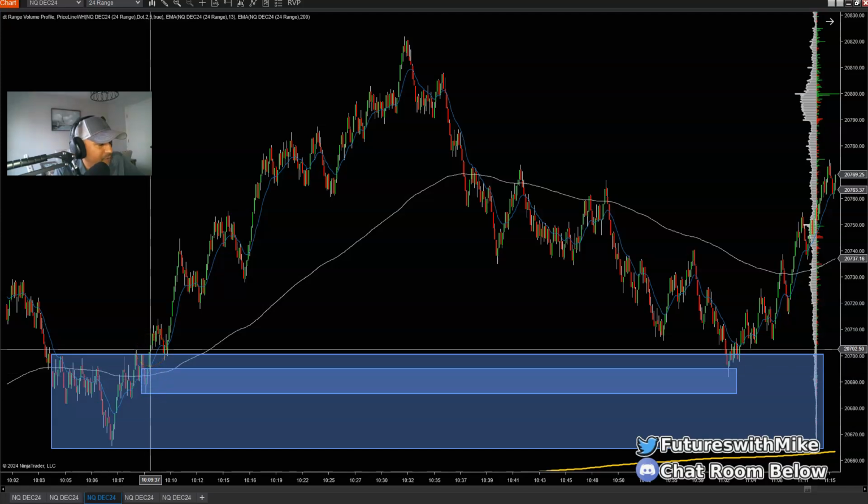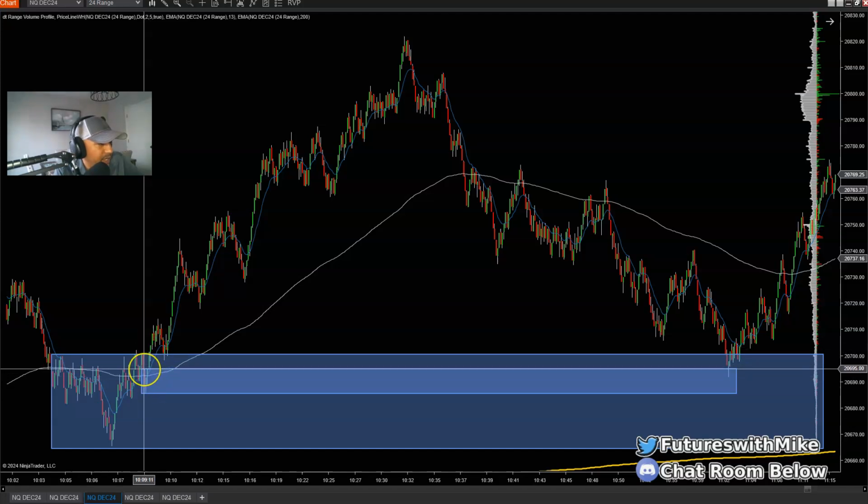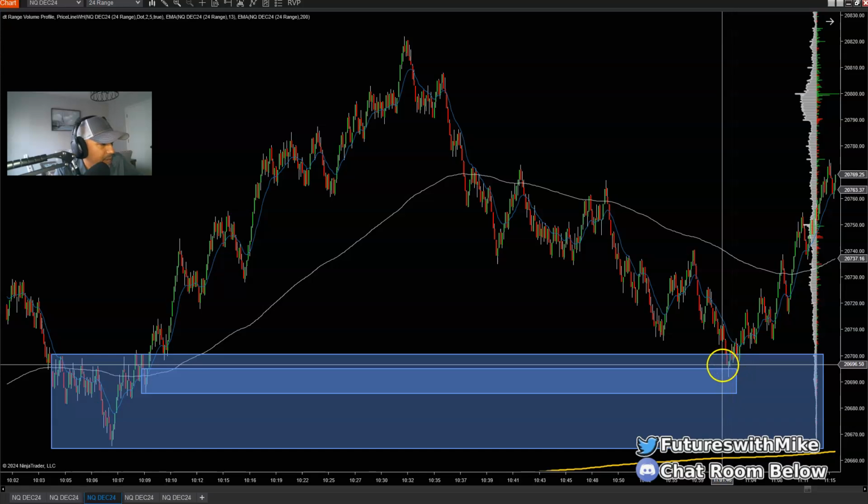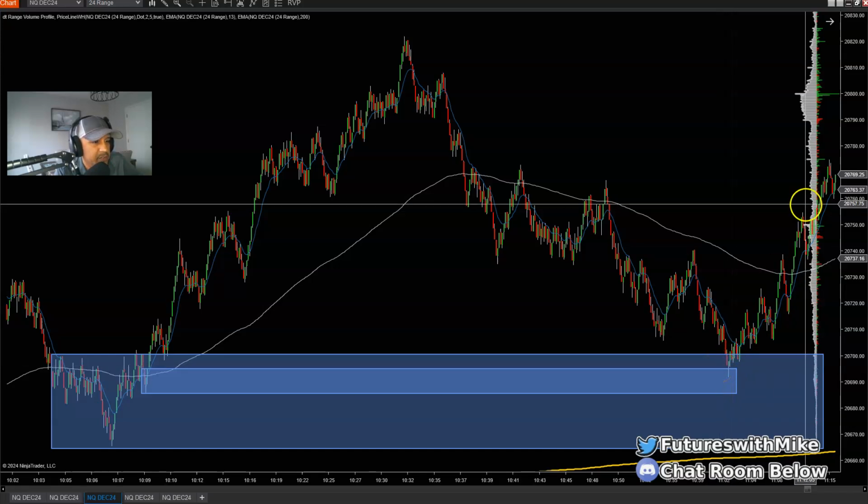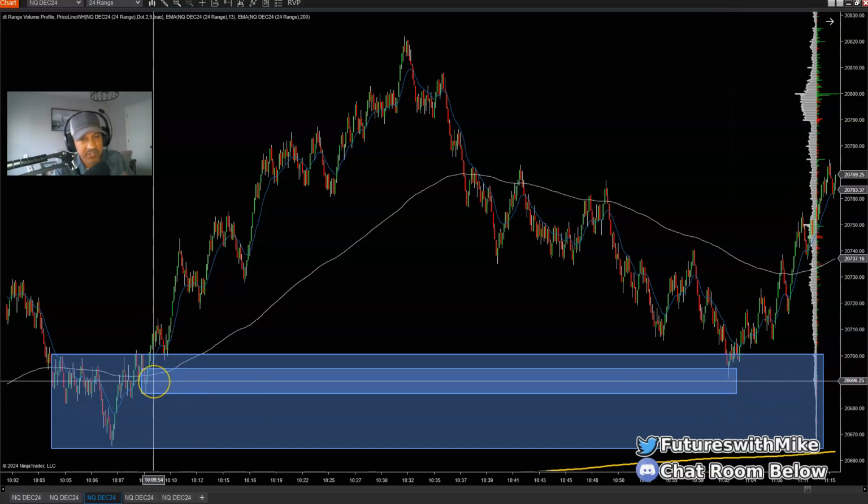There's a fourth candle that formed and left a gap in between the top end of the wick of that bearish candle and the body on this candle here that closed above the bearish candle. So with that gap resting right there, sometimes they'll come back, test it right there to the top end of that bearish candle, close that gap in, and then go to the upside. And then you can still have a gap resting on the inside of the zone, which they at some point may come back down to.